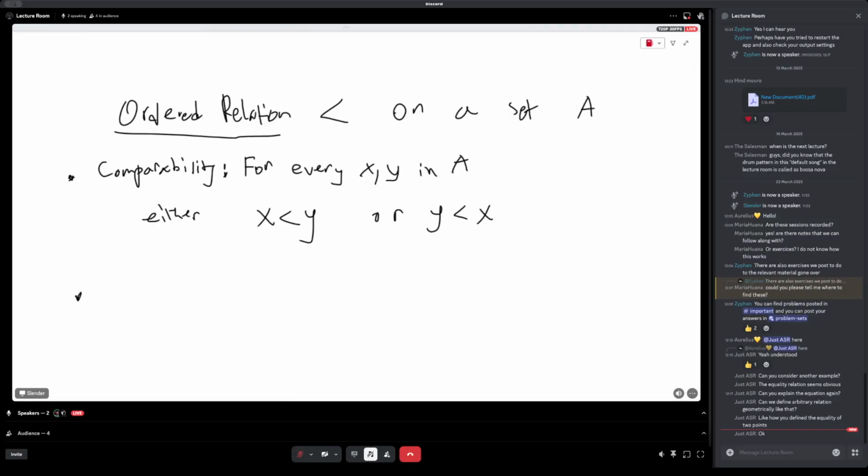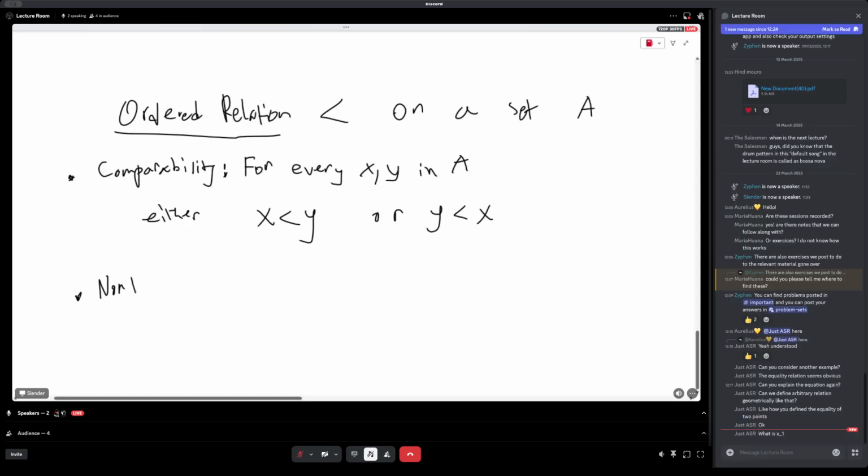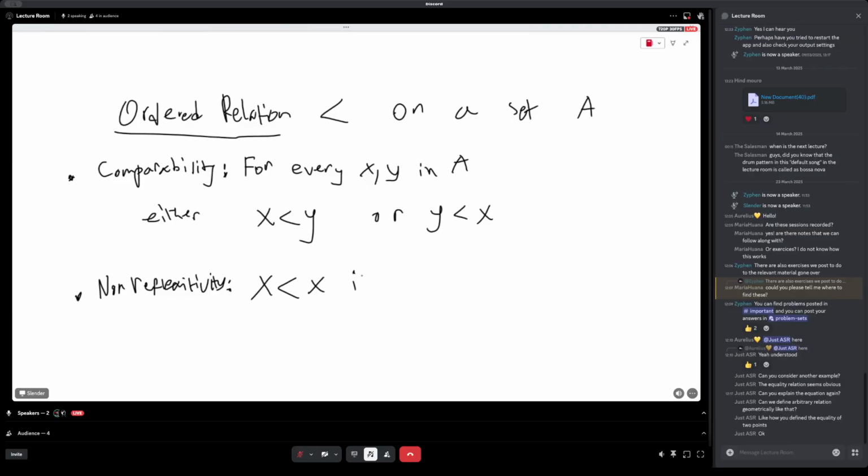The second condition we have is non-reflexivity. This second condition basically says that x less than x is never possible. Basically, it's the opposite of reflexivity.